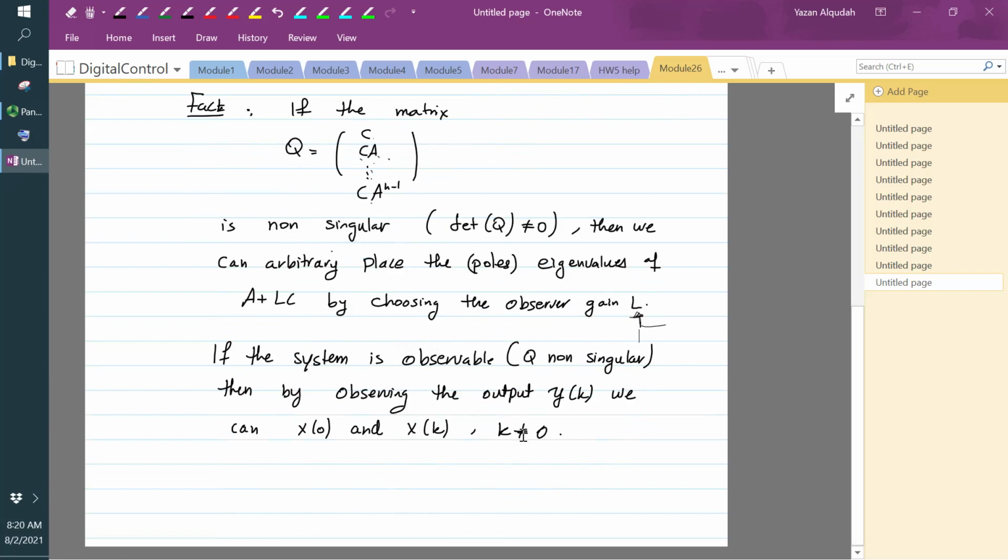In this case, we say that the system is observable, which means that by observing the output of the system, I can estimate x of k of the system.